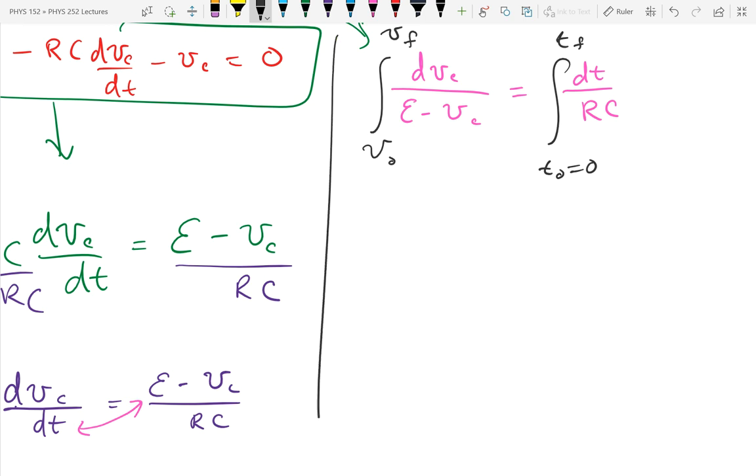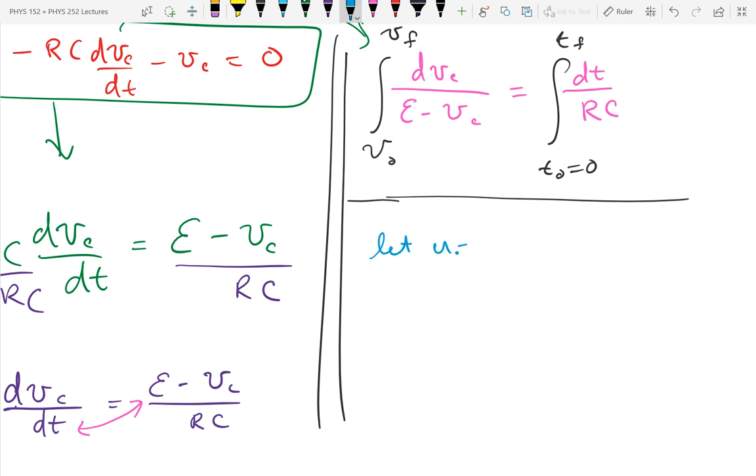Okay, so now we have to do the left side of the integral here. What's the easiest way that you can think of to do the left side of the integral? Substitution. Yeah, I do a U substitution. Is that what you were saying, Alex? Good. So we'll use a U substitution. So there's the two substitutions.